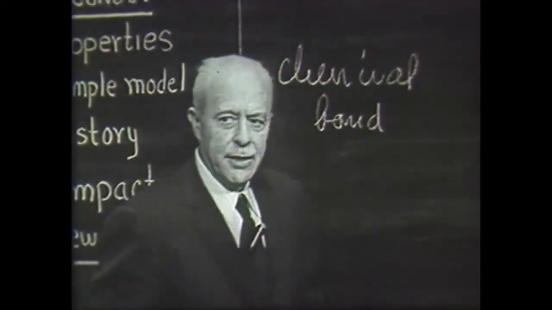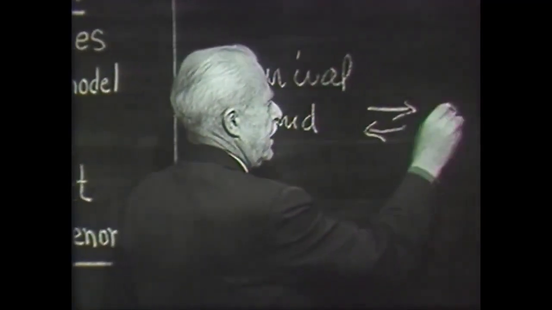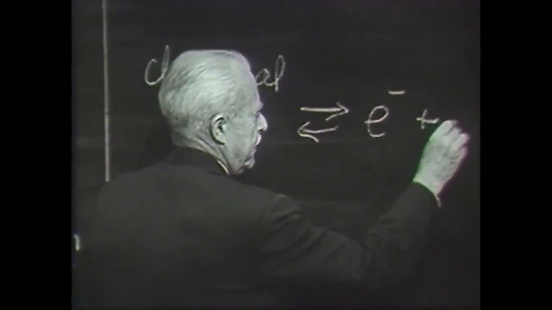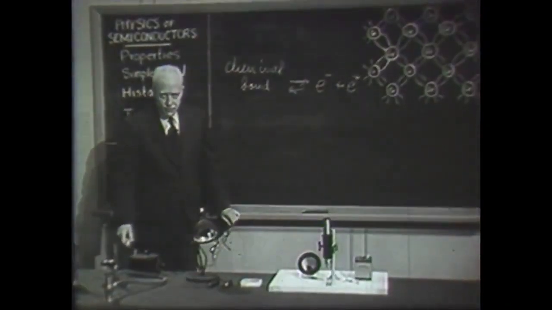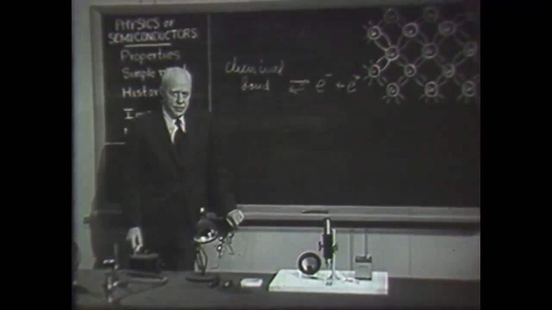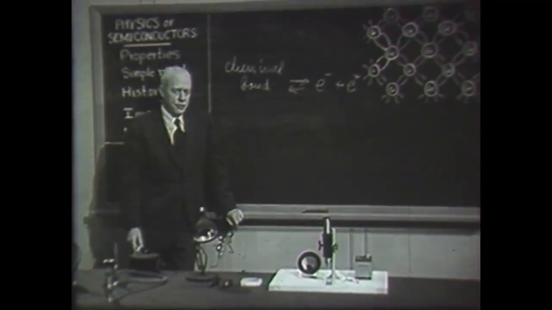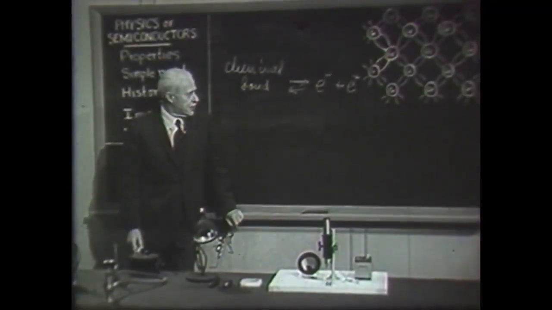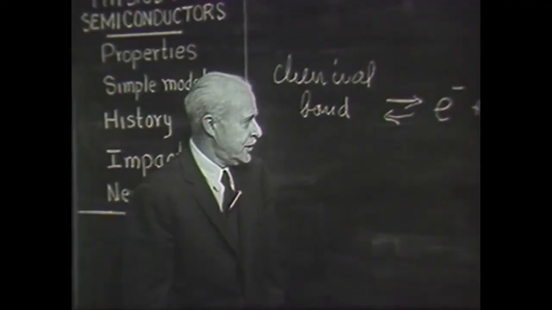That a chemical bond can dissociate into an electron, a negative charge, plus a positive electron. That it takes energy to break a chemical bond and form these two types of conductors. And that in a normal semiconductor at room temperature, some of these bonds are dissociated by thermal excitation.